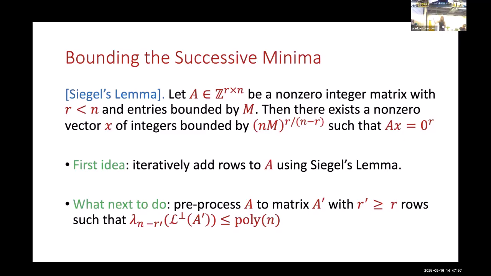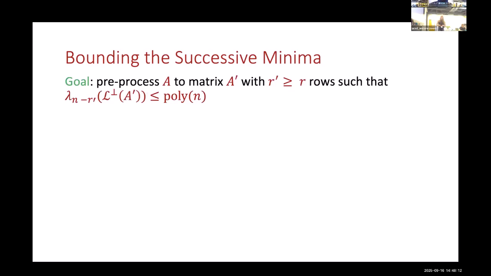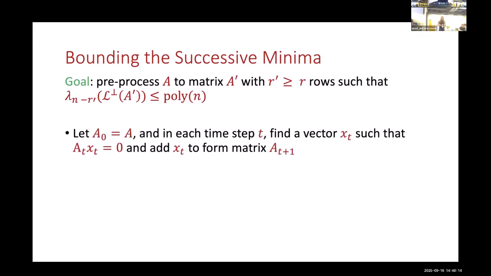What we will do is use Siegel's lemma to preprocess A. So we have more rows than r. It actually won't be O of r, but we'll start with this. And this lambda max condition will be satisfied. Let's see more precisely what this means. Let's start with A sub 0 being just the original sketching matrix A. And then in each time step, let's say we have a matrix A_t.